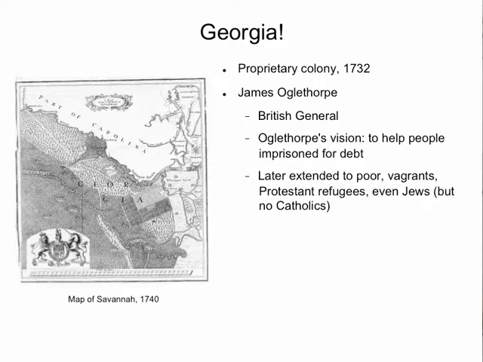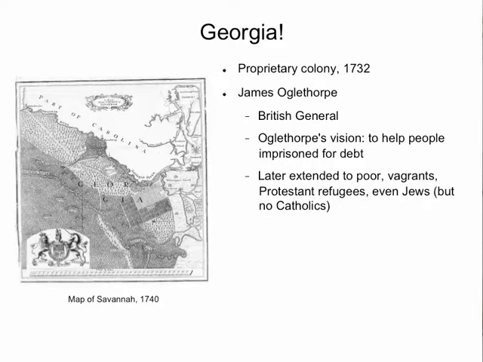But in England in the 18th century, there were many people who were in jail solely because they could not pay their debts. And in fact, Oglethorpe had a very close friend who was put into prison for debt in England, and this friend developed serious illness and actually died in prison as a result of this.